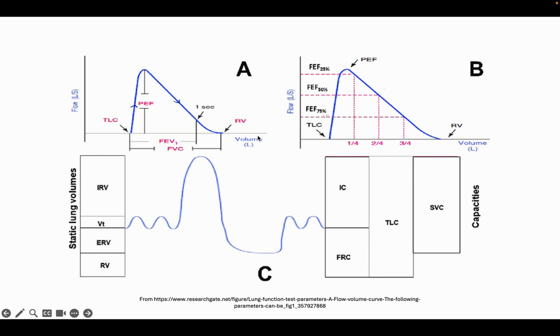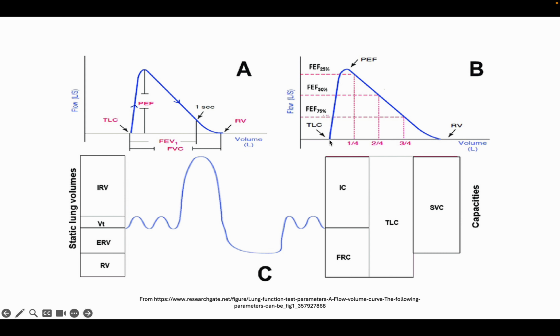Other numbers that we sometimes think about are peak expiratory flow, which is the highest flow that you achieve, usually very early in expiration. And then these FEFs are how much flow you have obtained at 1/4 of the way from your total lung capacity to the RV.